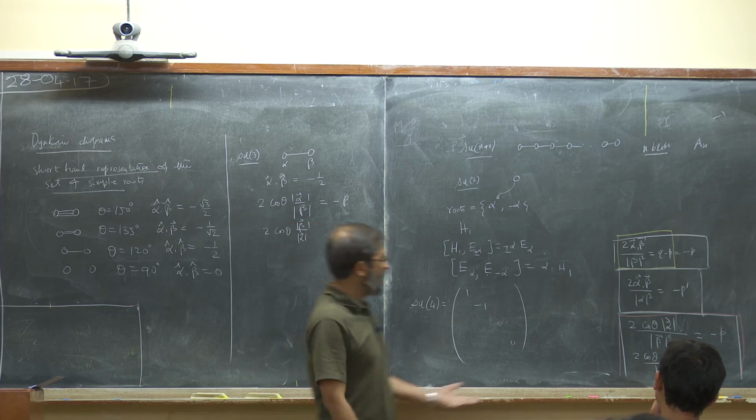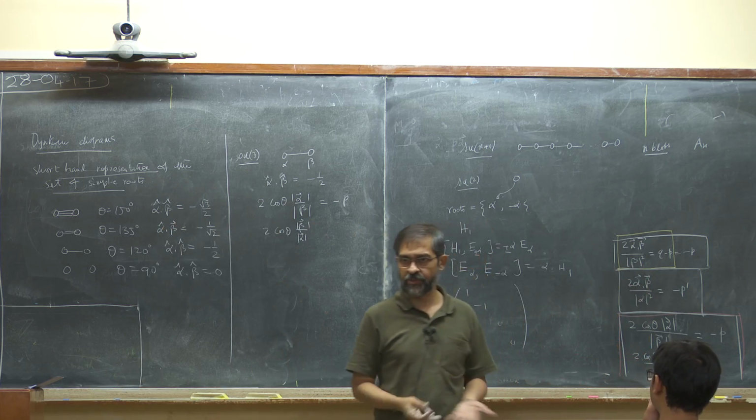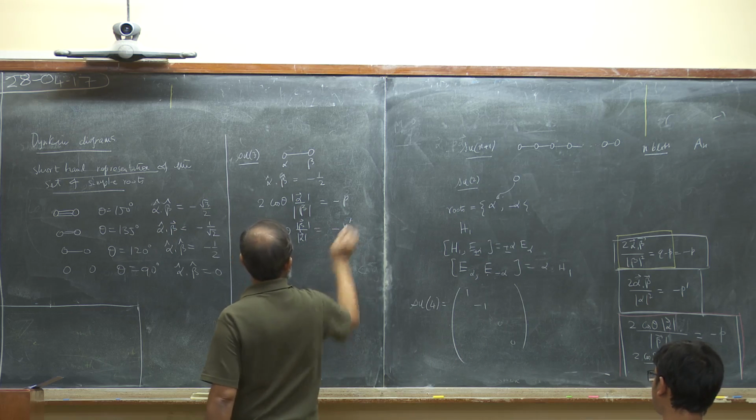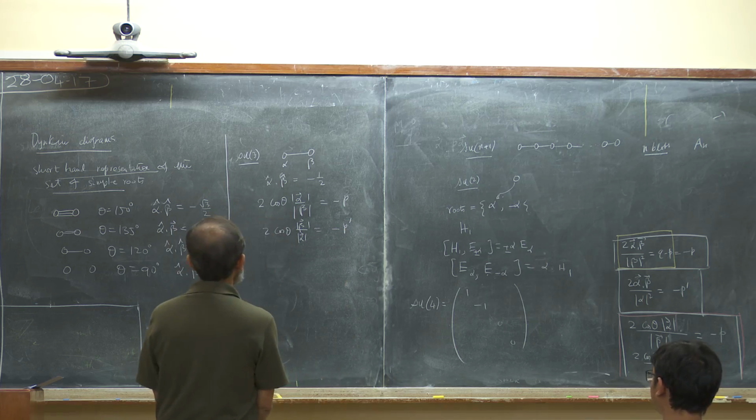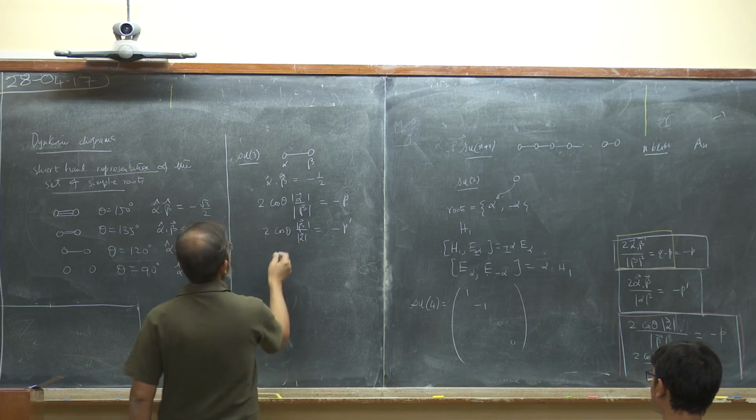This was true for any pair of simple roots, but I have only two simple roots here, which I have called alpha and beta. So this has to be true. Now if you multiply this out, what will you get?